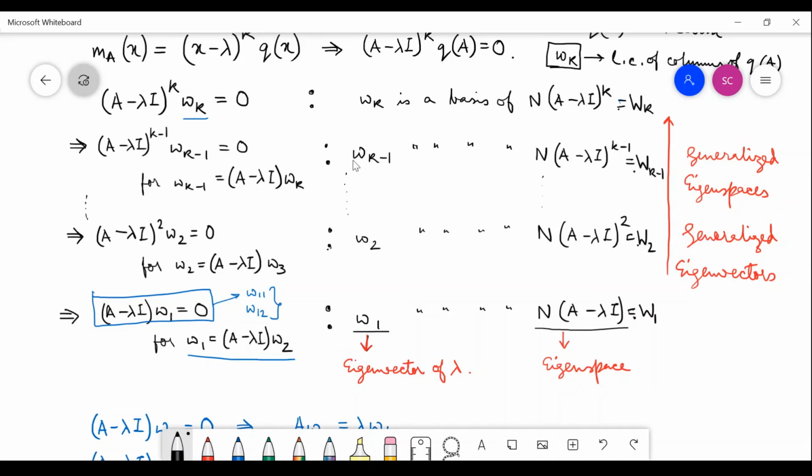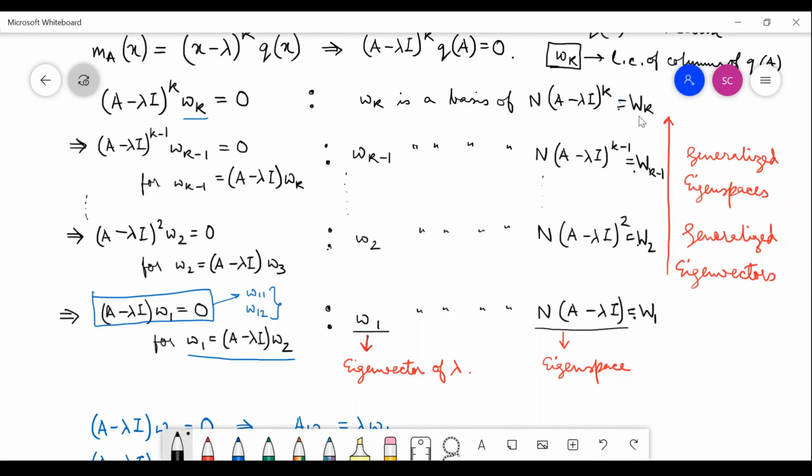Omega k minus 1 is also a basis of Wk. Do you understand this fact that omega k minus 1 is also a basis of Wk?